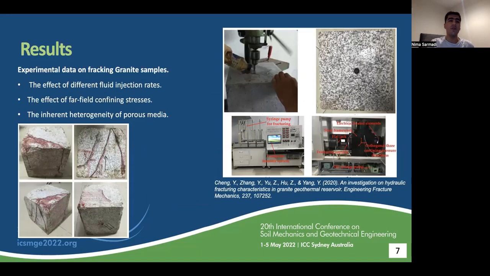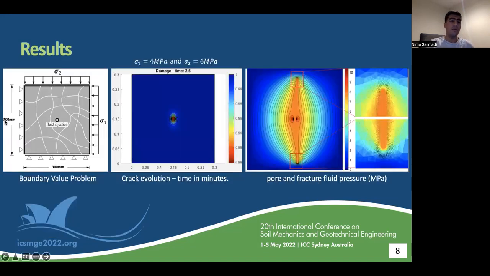We then investigate the effect of fluid injection rates and the far-field confining stresses in our study. We are going to model a real experimental work on fracking of granite samples. These samples are 300 millimeter by 300 millimeter square domains subjected to a fluid injection in the middle, and also surrounding confining pressures sigma 1 and sigma 2.